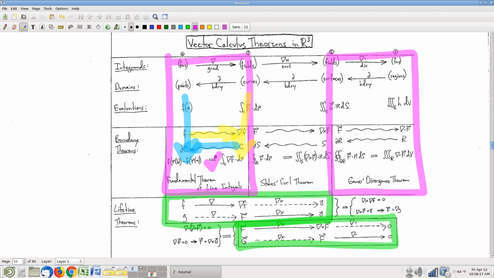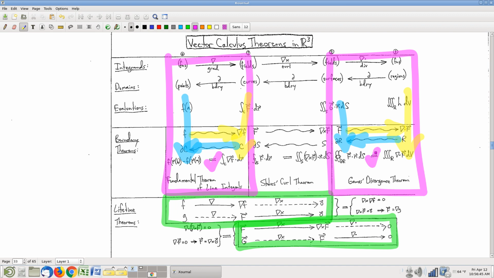Notice we have the exactly analogous result over here now. Gauss's divergence theorem says if you take the divergence of a vector field and compute a triple integral, as opposed to if you take the boundary of that solid and over that surface compute a flux, you get the same thing.